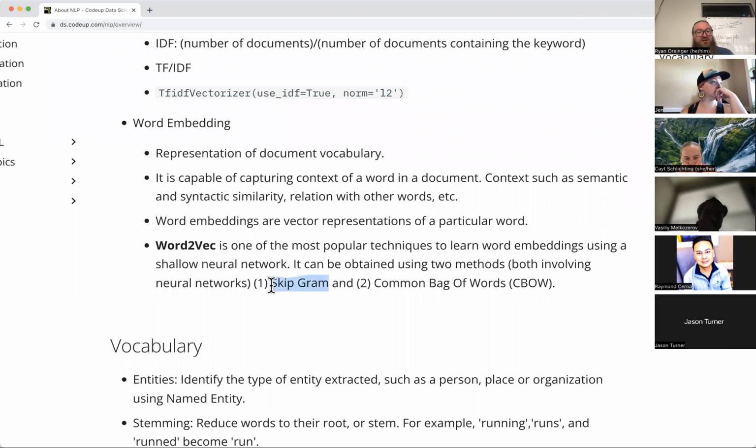Now, skipgrams are kind of a trip. We talked about bigrams, where you have 2 words right next to each other, or a trigram or a quadgram. A skipgram skips words. Because of how language works, we might have a dependent clause that describes some other term. So the skipgram is hopping around that sentence. Pretty wild.